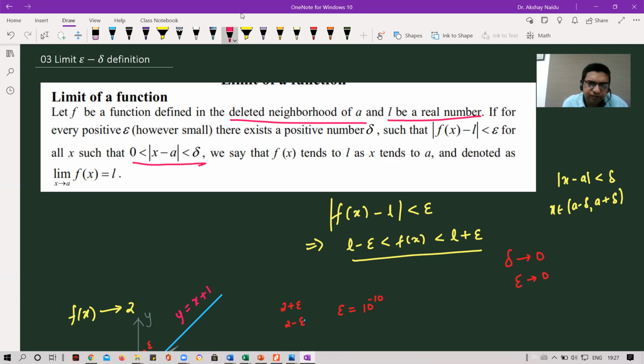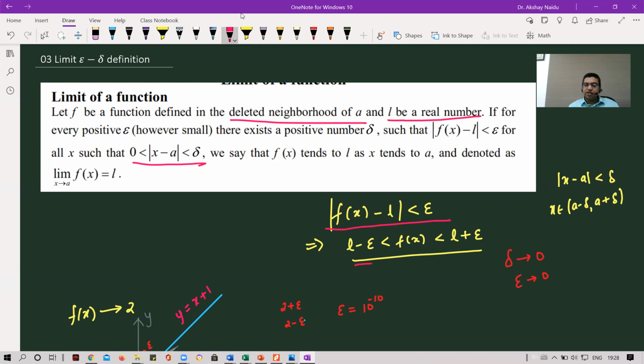What does this mean? This modulus of f of x minus L less than epsilon represents the neighborhood of L. Function lies in the epsilon neighborhood of L. Based on the previous step, modulus of f of x minus L less than epsilon means f of x lies between L minus epsilon and L plus epsilon.